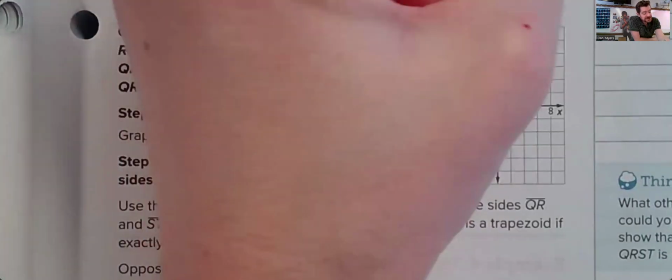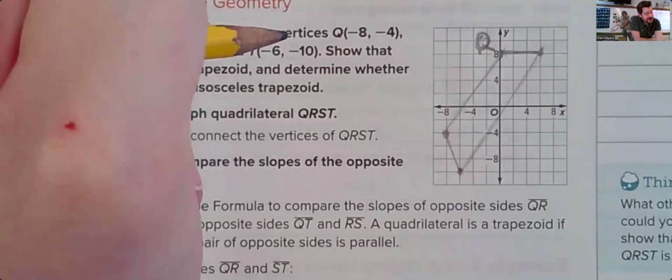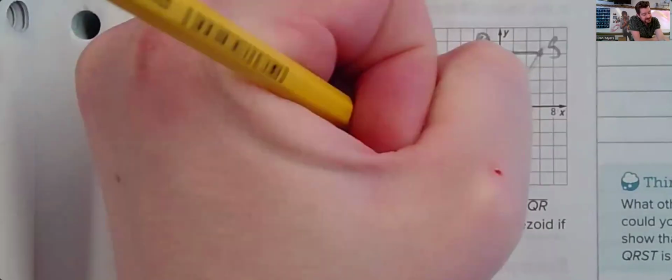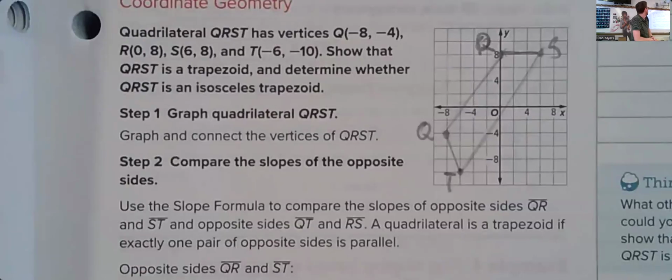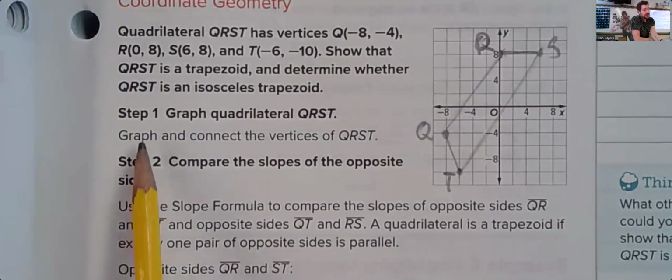So if Q is here, there's Q. Nope, that's R. Q's down here at -8, -4. There's R. S is up here. T is down here. Okay, QRST. There it is. So QR is parallel to TS. That has to be true because it tells us it's a trapezoid. So one pair of sides is parallel, and the ones that are parallel are the ones that look parallel. So QR is parallel to TS. We're going to graph it.